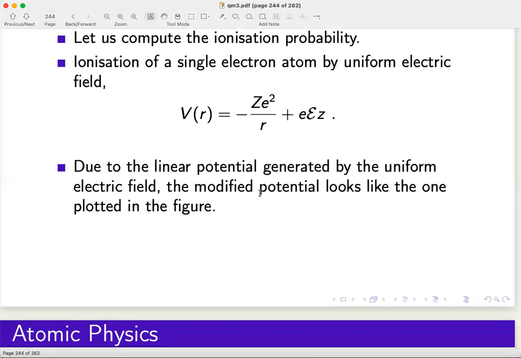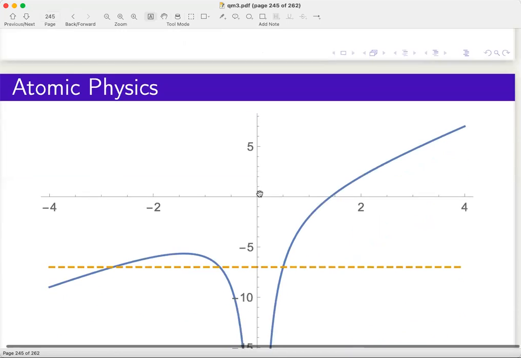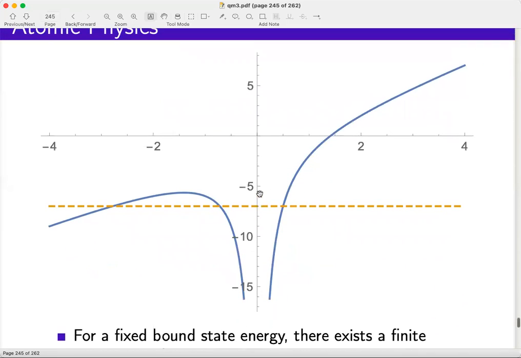So let's look at the figure to get a picture of what it is doing. The figure would look something like this. This is the potential, and we are looking at it as a function of z only. In one direction, the usual potential goes asymptotically to zero, like a 1 over r potential would, and it would go like that in the negative z direction also.